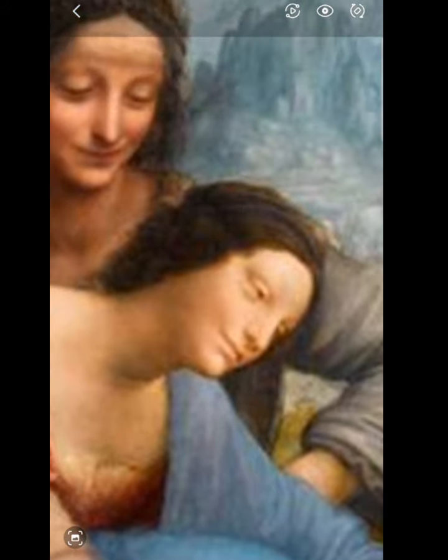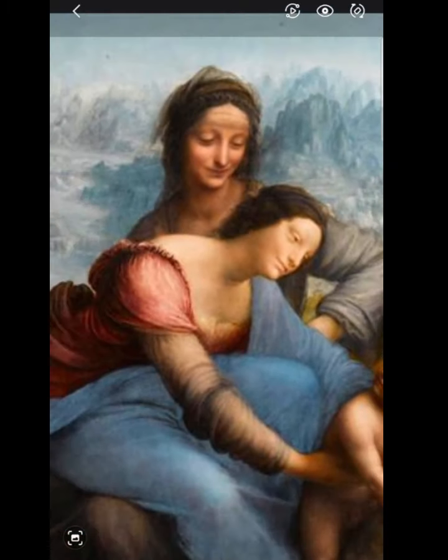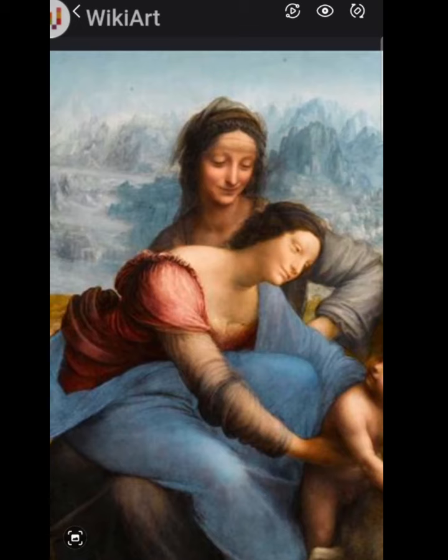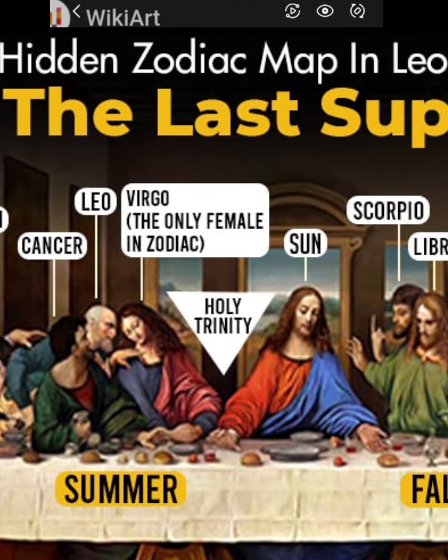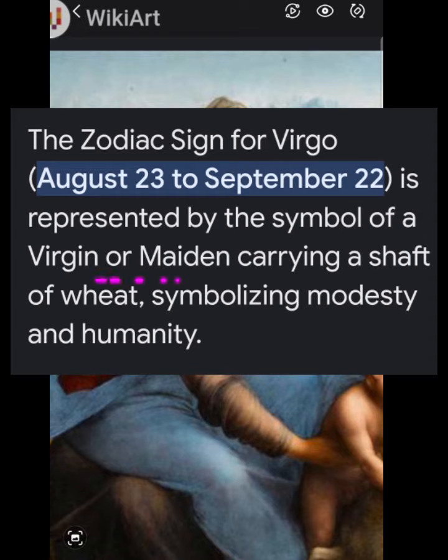Notice the eyes of Mary. The colors that Mary is wearing are the same colors as in the Last Supper. The red and the blue represent Virgo, and Virgo represents the Virgin.